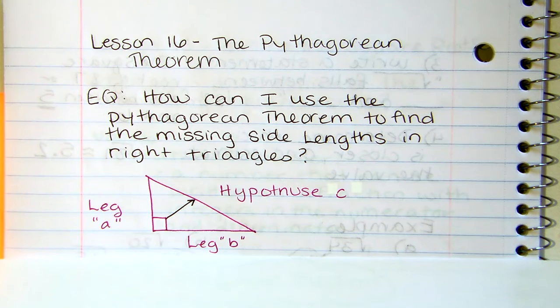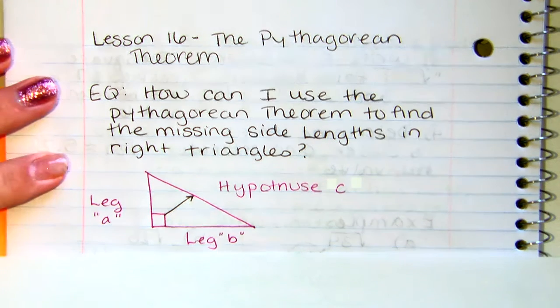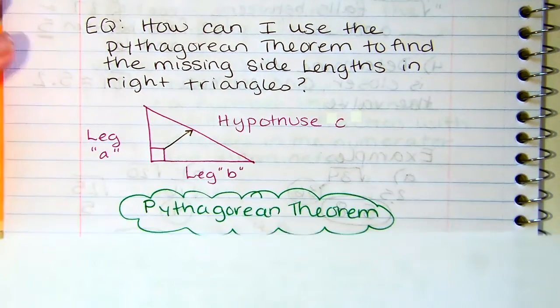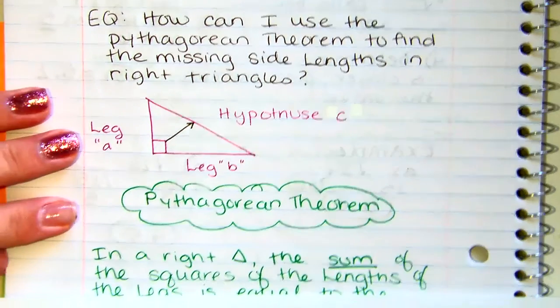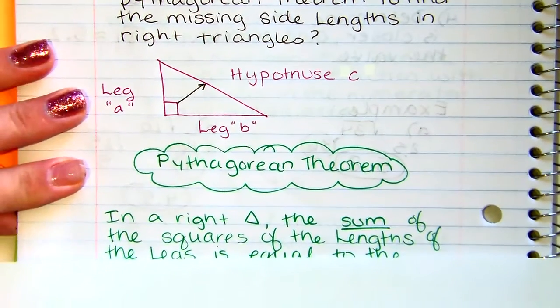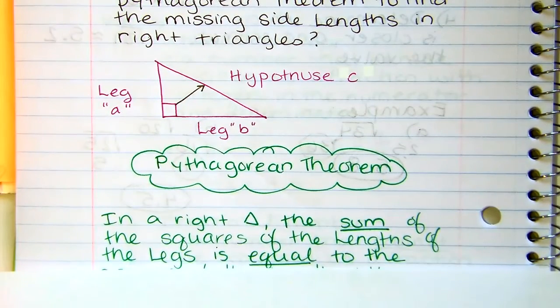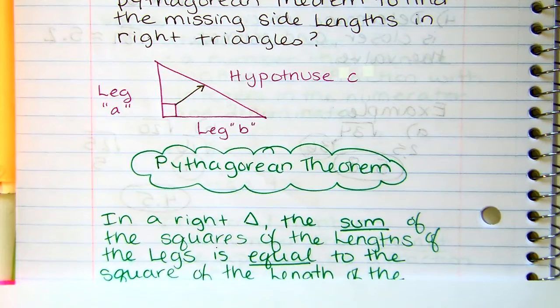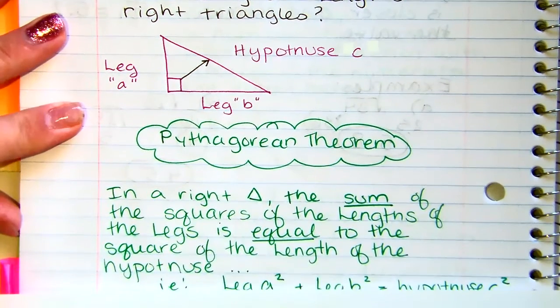Now, the reason why I have A, B, and C there is because in the equation you're going to be using with the Pythagorean Theorem, you're going to need to identify the different parts of a triangle and then put them into an equation. When we talk about the Pythagorean Theorem, we talk about a right triangle where the sum of the squares of the lengths of the legs is equal to the square of the length of the hypotenuse.